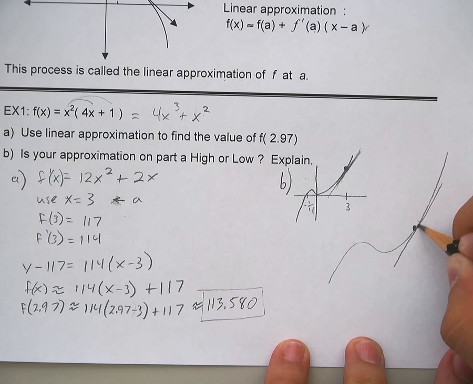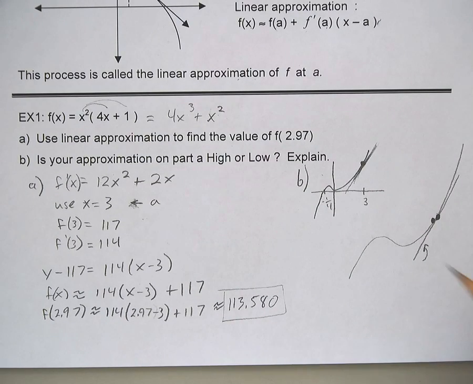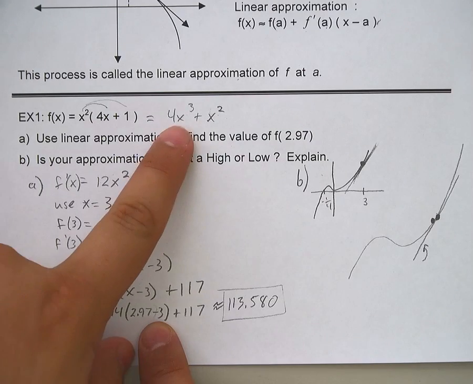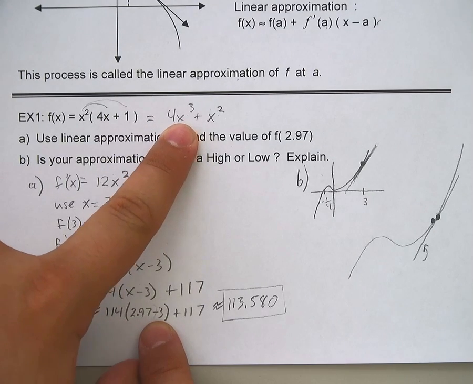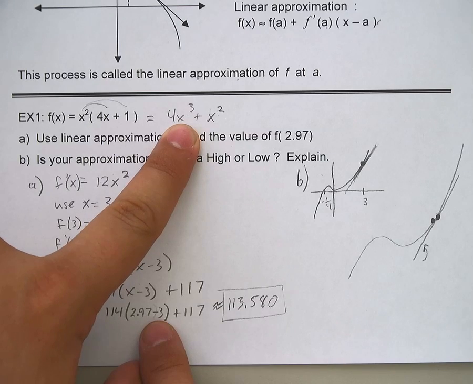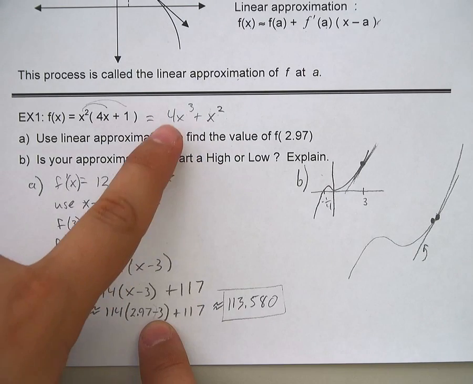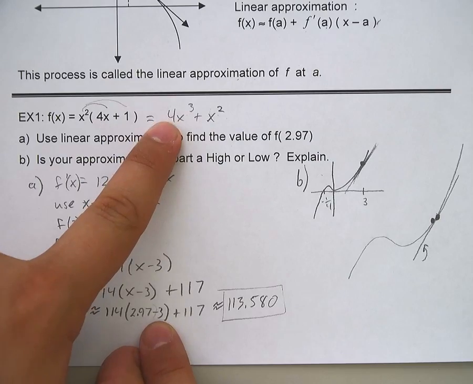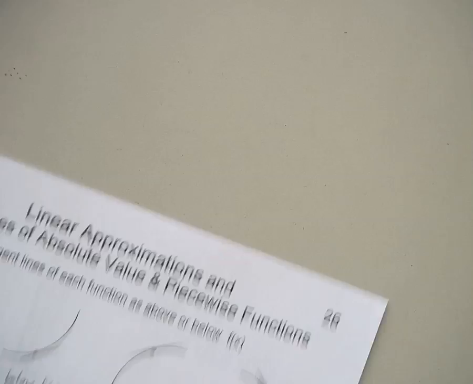Well, if you plug it into this guy at 3, just beside it, it's going to be really close. It's always easier to plug something into a linear equation than a really high-power polynomial. That's what a linear approximation is. It's using a line to approximate what a value is, because it's a lot easier to plug in 2.97 here than it is to cube 2.97. Keep in mind, this is when we were doing it by hand, right? So it's a lot easier to do an approximation with a line than with a cubic function.